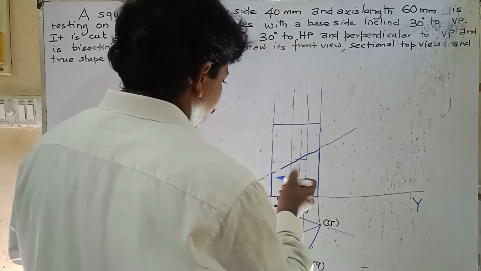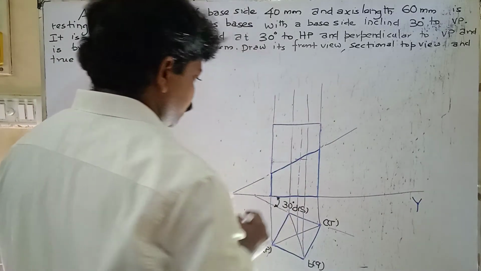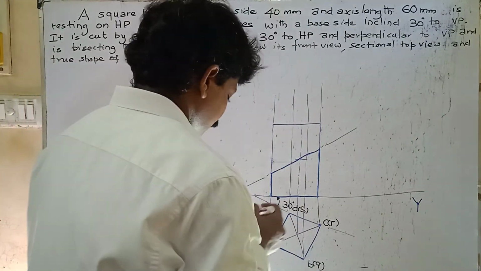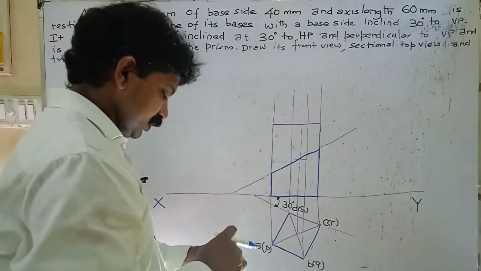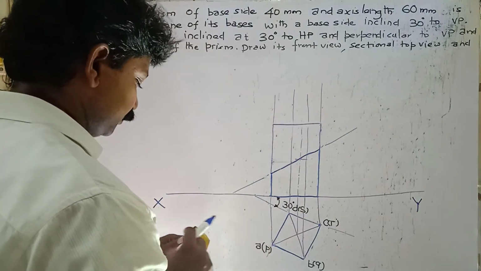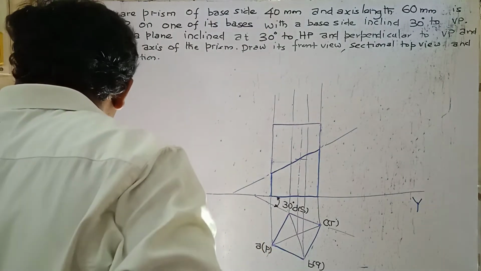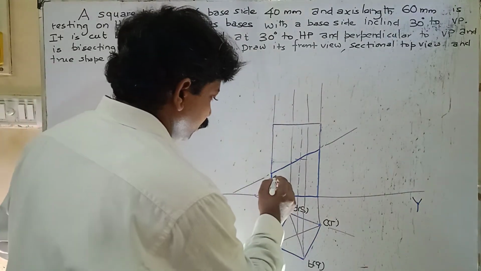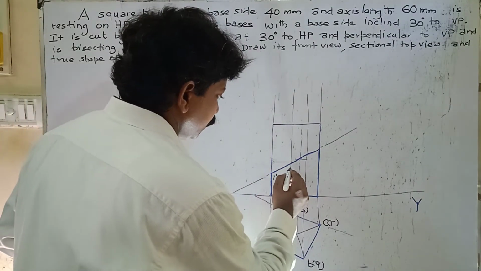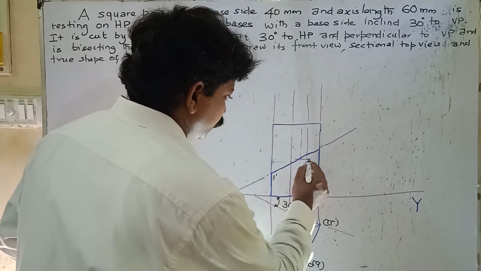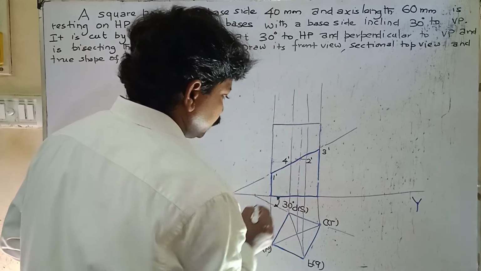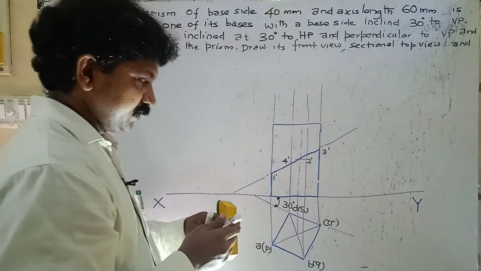Now how to draw the sectional top view? First give the name to all the cutting points: 1 dash, 2 dash, 3 dash, 4 dash, 4 cutting points.